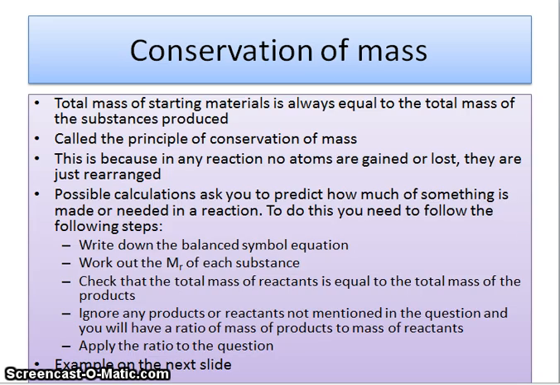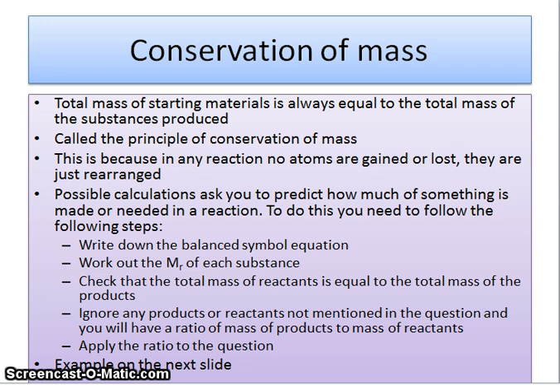Now when we're talking about the conservation of mass, as I've said before, the total mass of the starting materials is always equal to the total mass of the substances produced. In layman's terms, whatever goes in has to come out. This has been proved over and over again in science.